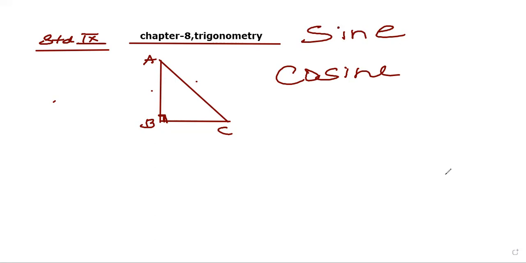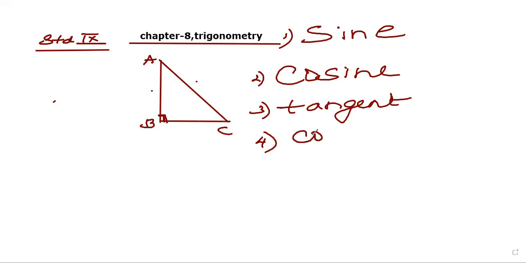दूसरा रेशियो क्या है? Cosine ratio. तीसरा रेशियो tangent ratio. पहला रेशियो साइन, दूसरा रेशियो कोसाइन, तीसरा रेशियो टैंजेंट. चौथा रेशियो कोसिकेंट. पांचवा रेशियो, चिल्ड्रन, सीकेंट, SECANT. Fifth ratio is secant.